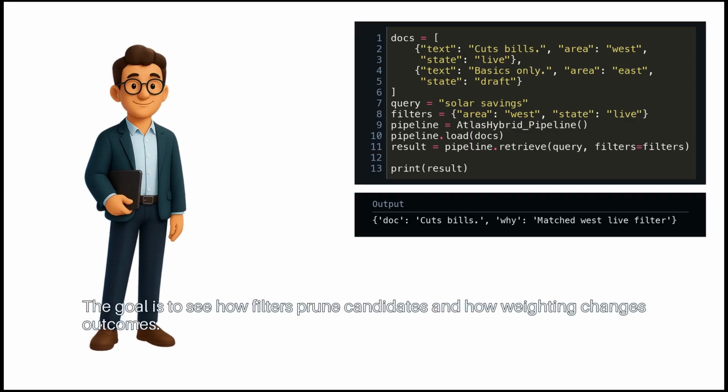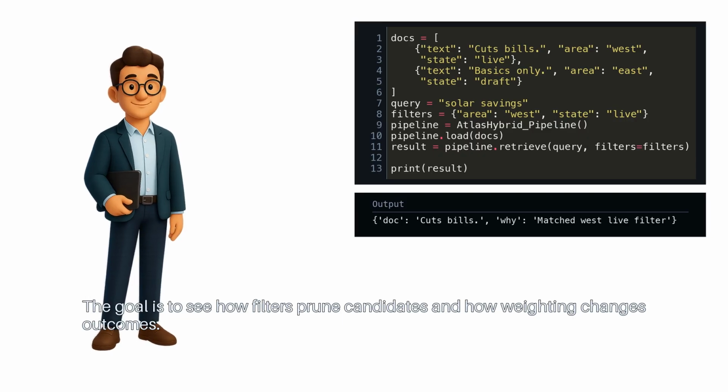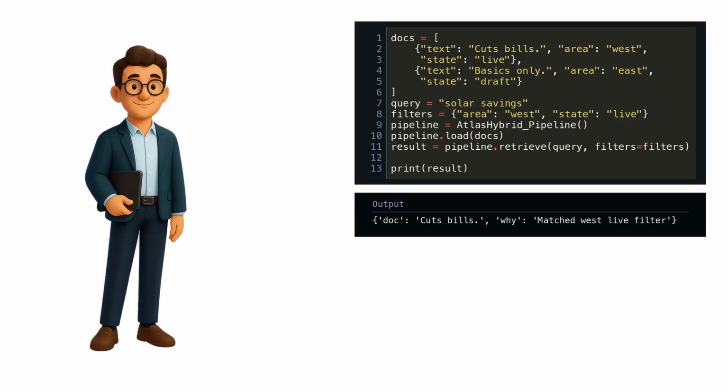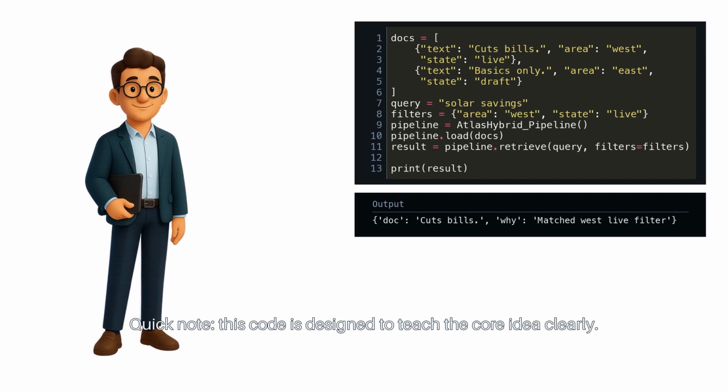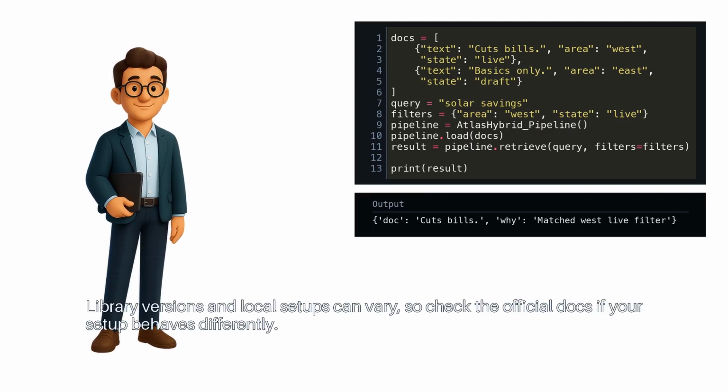The goal is to see how filters prune candidates and how weighting changes outcomes. Quick note, this code is designed to teach the core idea clearly. Library versions and local setups can vary, so check the official docs if your setup behaves differently.